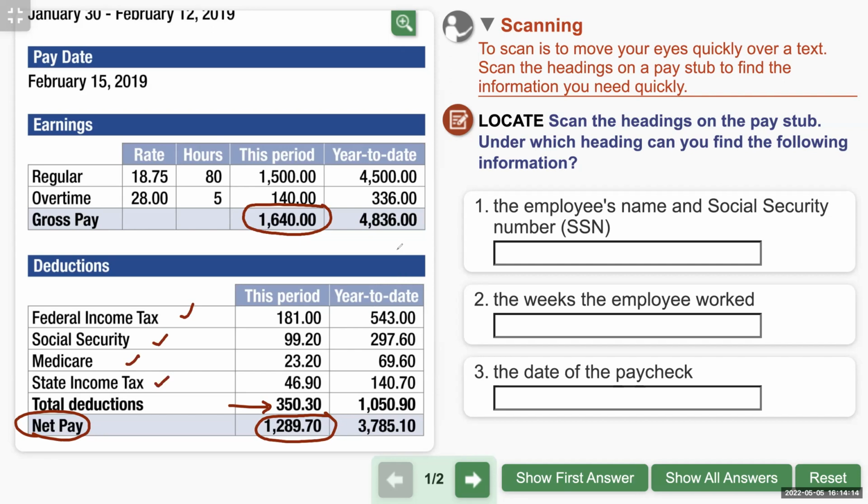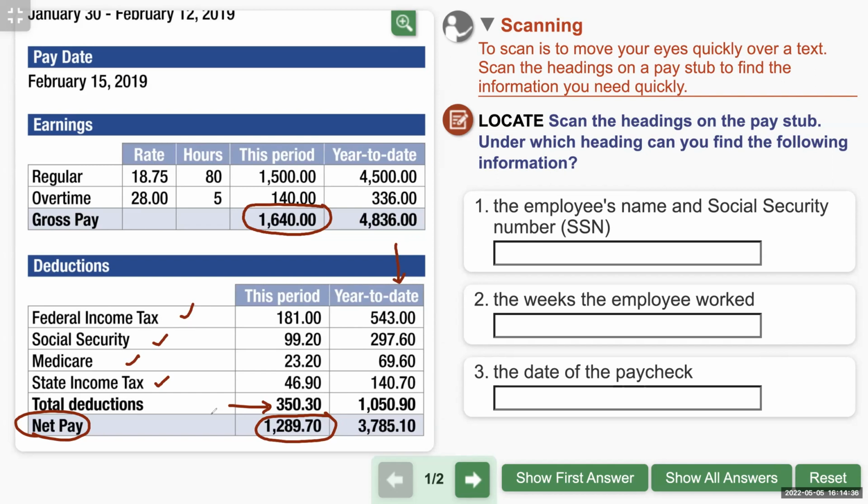On the right, it tells us how much she's paid in federal income tax so far: 543. In Social Security, 297 with 60 cents. For Medicare, 69.60. For state income tax, she's paid 140 with 70 cents.